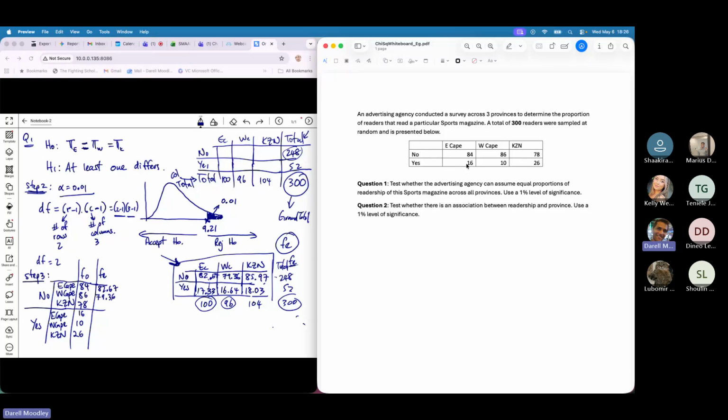Then 85.97. Okay, almost there. 17.33. 16.64. And lastly, 18.03, which you worked out.